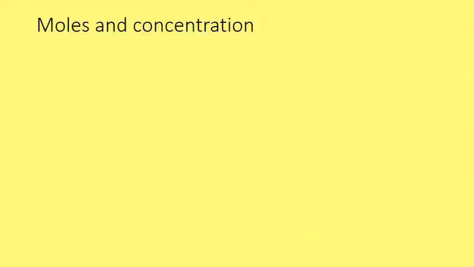Okay, so our last simple example involves zinc sulfate, ZnSO4, and if we were told that you've got 0.080 moles of zinc sulfate in a solution of concentration 0.50 moles per decimeter cubed, it's asking you what volume is that solution.